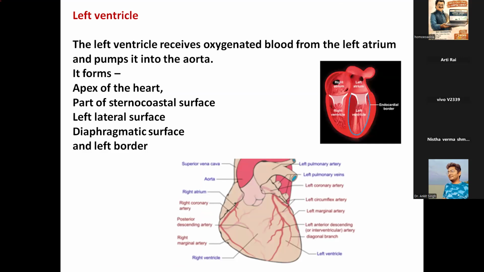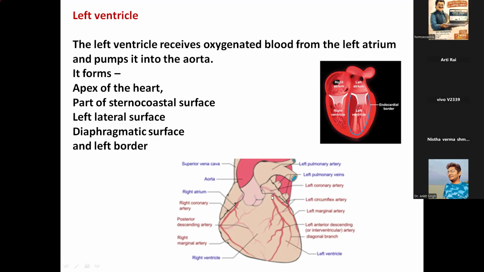Now finally comes the left ventricle. The left ventricle receives oxygenated blood from the left atrium and pumps it into the aorta. Correct. It forms the apex of the heart. You can see this apex, that is a portion of the left ventricle.